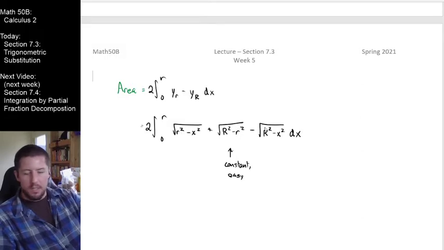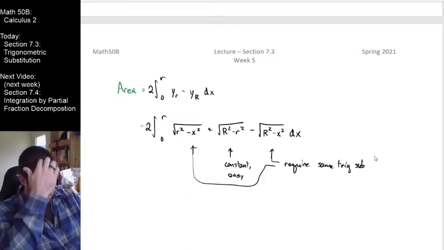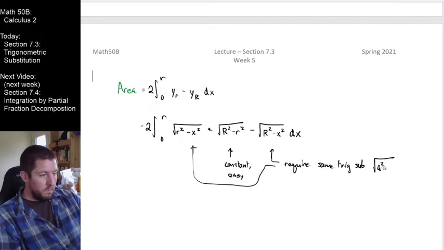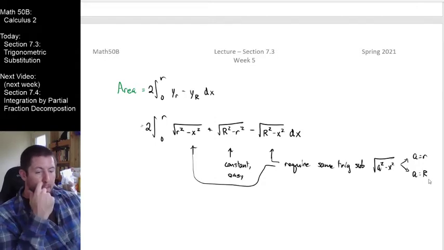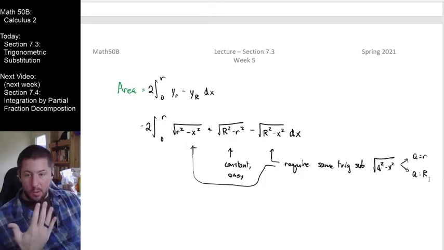We're just using a little r versus a big R. So let's do this trig sub, the integral of the square root of a squared minus x squared.